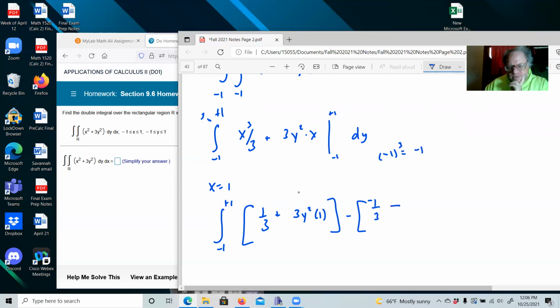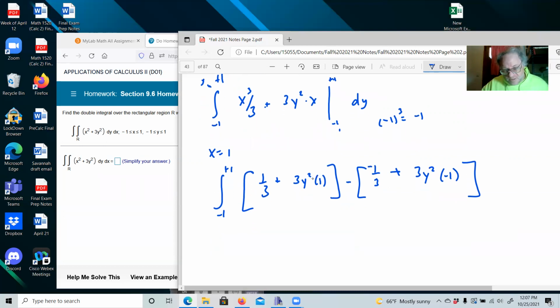Minus 3x squared, right? Because we have a -1 here. Oops, this is the plus. Plus. The minus for the -1 to +1. That's where this minus comes from. Everything else looks good.